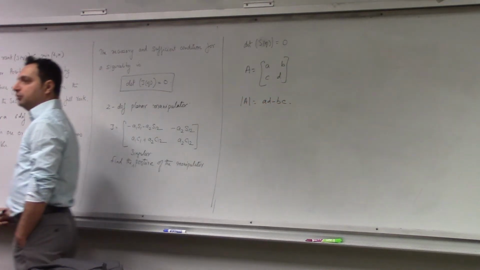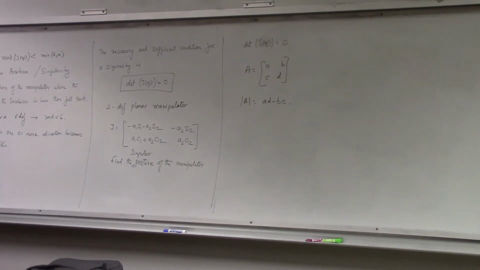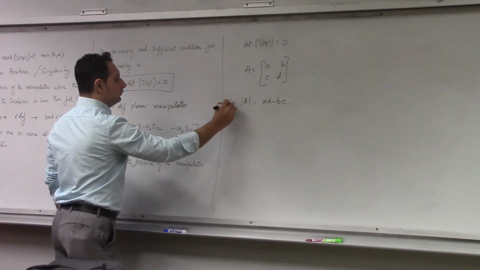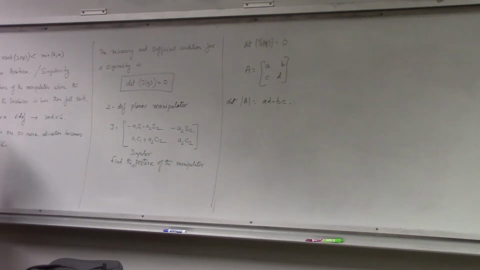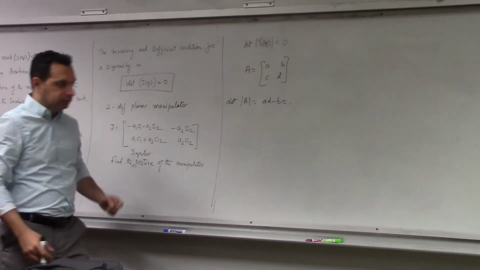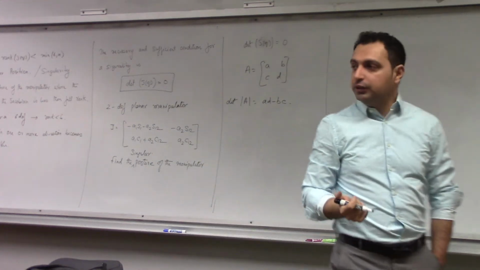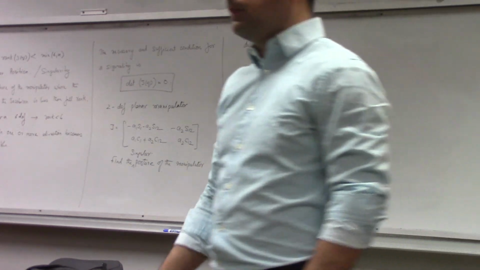Tell me at what values this is equal to 0. So apply this here and tell me what you get. What is the value of theta 1 or theta 2 for which it is 0?